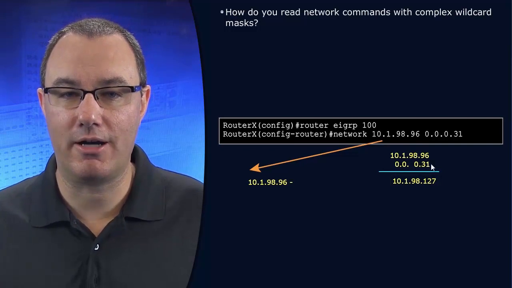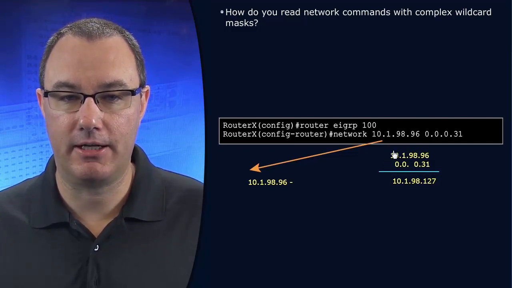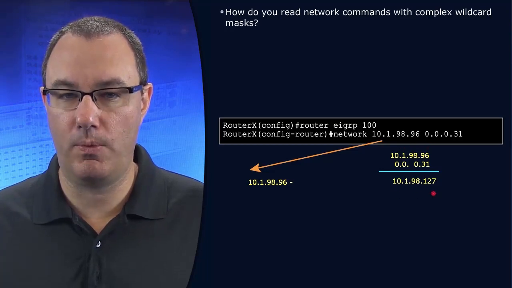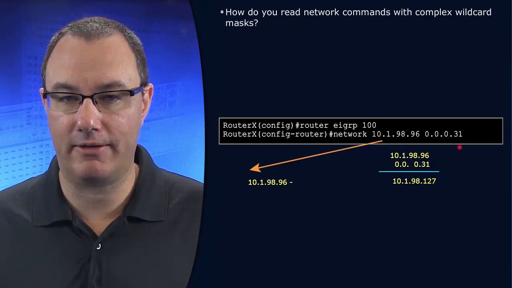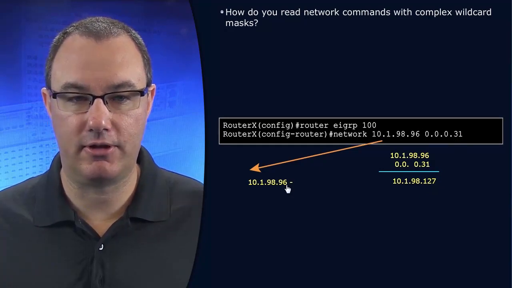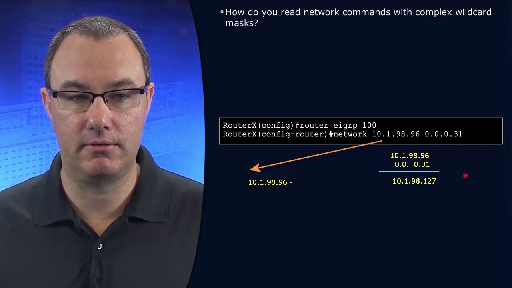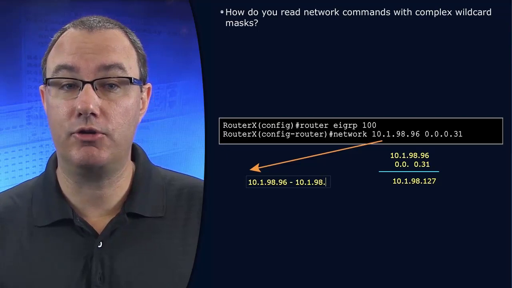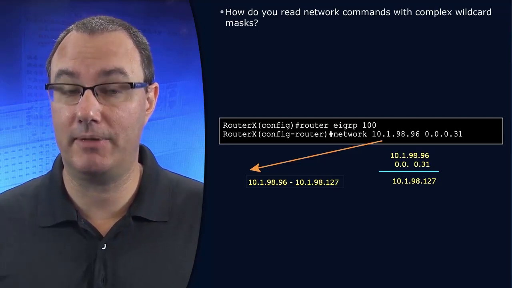So we go octet by octet, taking the sum of each of those values. So really the only octet that we really had to work at is the fourth octet. 31 plus 96 equals 127. And now what we could do is we can interpret what this network statement really means.